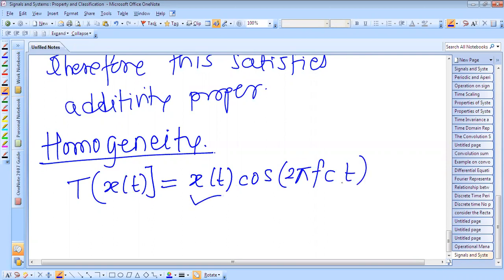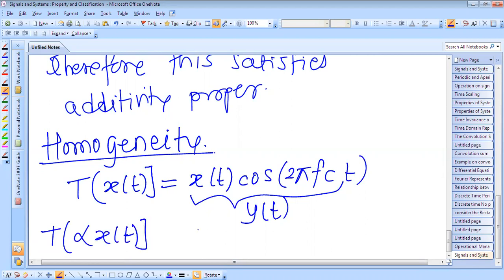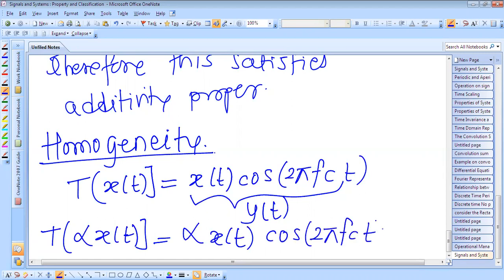This is the output y of t, and therefore if the input is multiplied by some factor alpha, then the output is also multiplied by the same factor alpha cos of 2 pi fc t.